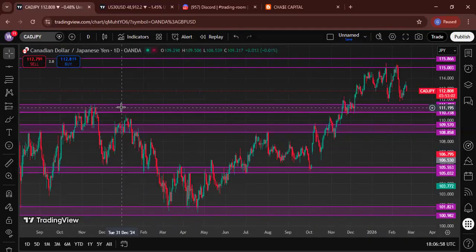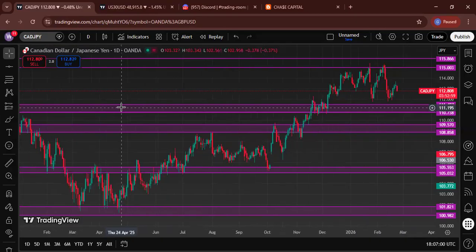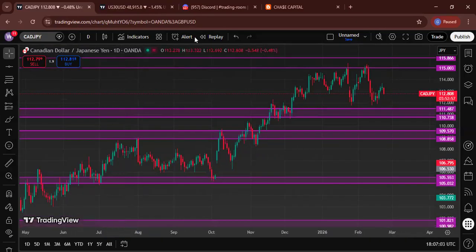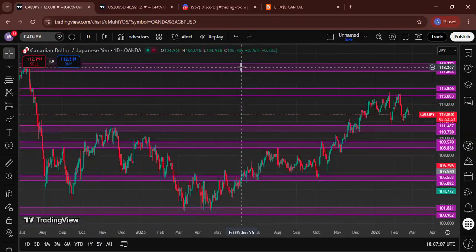Let's see. So this is what you have. This is a key demand on the daily, right here. Although price missed this level by a few pips, we then saw a strong rally all the way to this supply at 115 here.